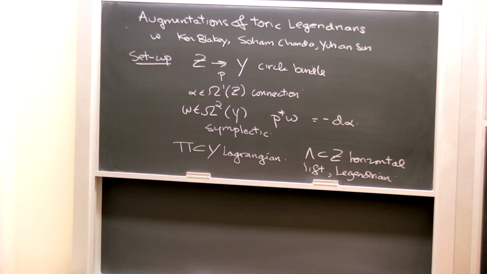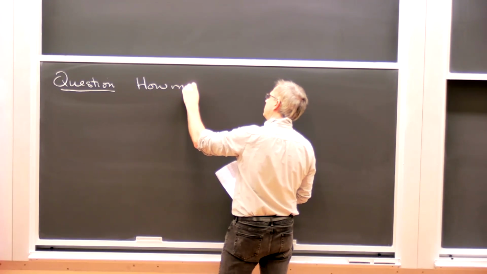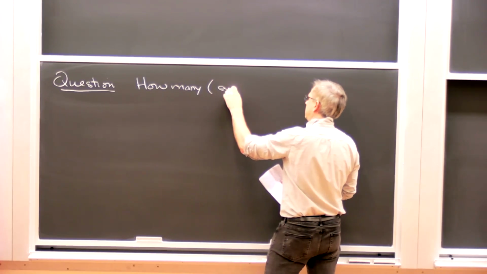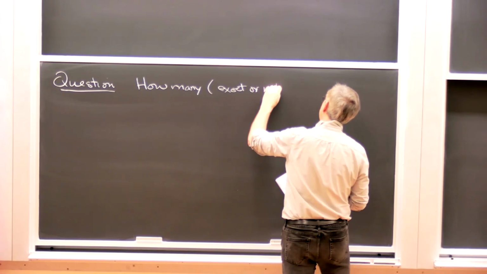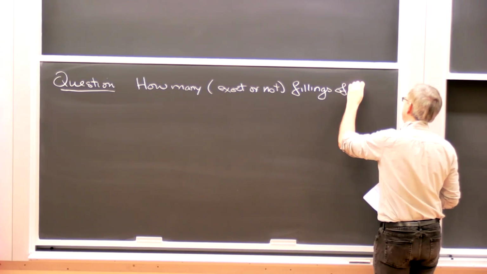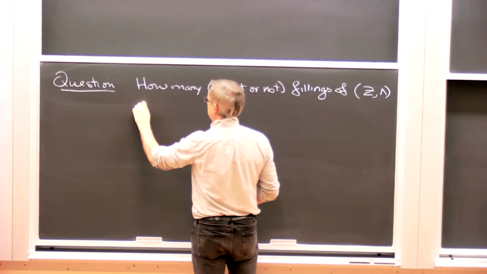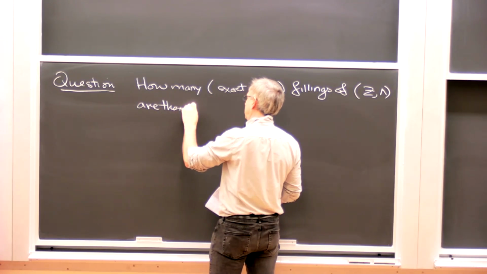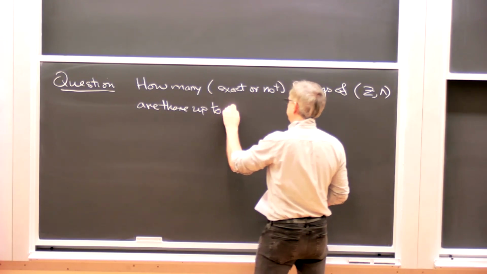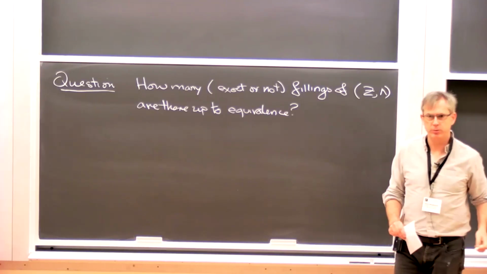And so one kind of question you can ask about this is how many exact or not exact fillings of this pair, Z, lambda, are there, up to various kinds of equivalence relations.